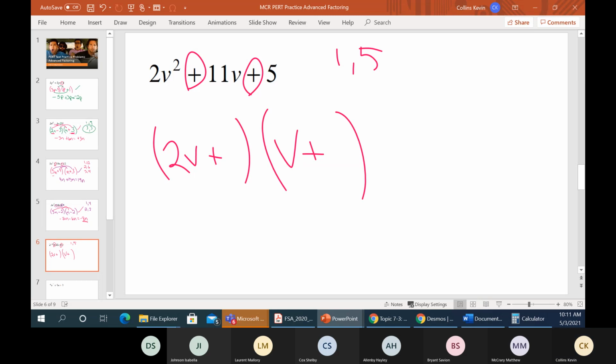So notice this is a pretty big number, 11 compared to 5. It's kind of a big number, right? And remember, whatever number we put in over here is going to get doubled, right? So which number should we put in there? You think we should put the 1 in there or the 5 in there?